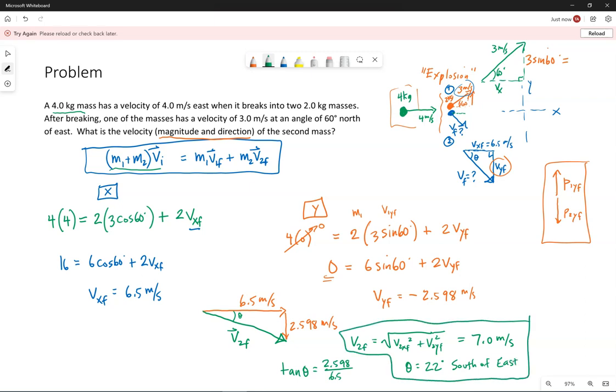So that is our magnitude and direction of this velocity of the second mass. You could also say negative 22, that would be fine, but it's more appropriate to write it in terms of east and south, since that's the way the information was given in the problem initially.